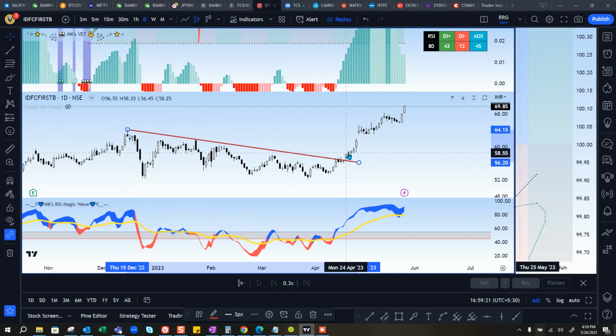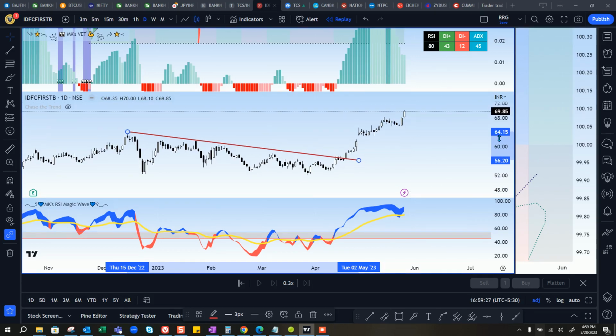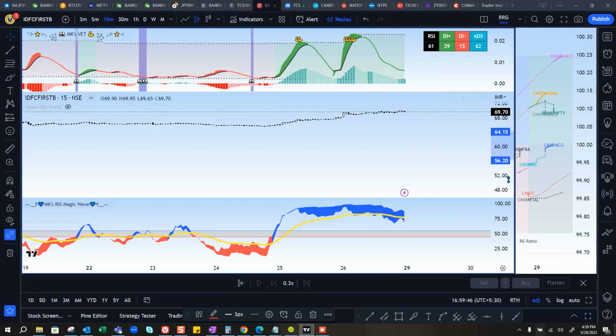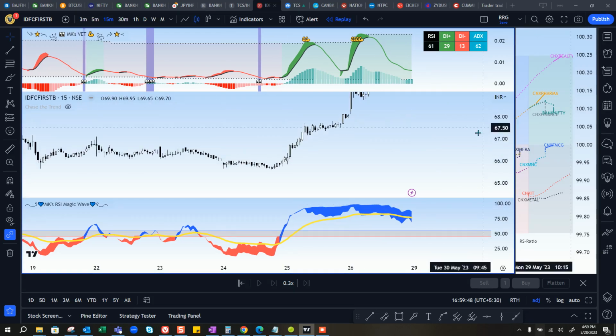We picked it up here, good results, and then from 58, 59, it is right now at 69. So that's how, if a stock gets momentum, it just keeps on going. Nothing in momentum continues to stay in momentum. If there is a trend, you stick with the trend. You don't stand against the trend, as they say. So this was IDFC, a good stock moving back to back, in banking.